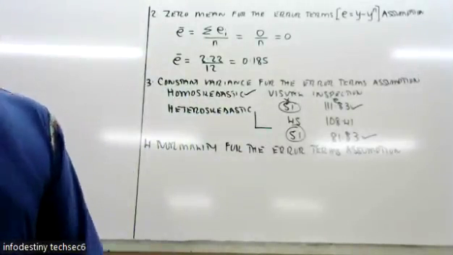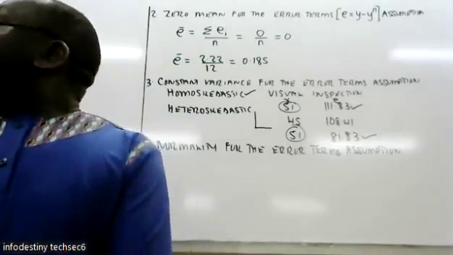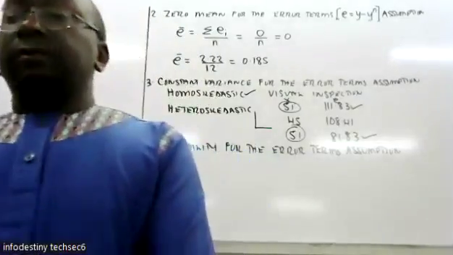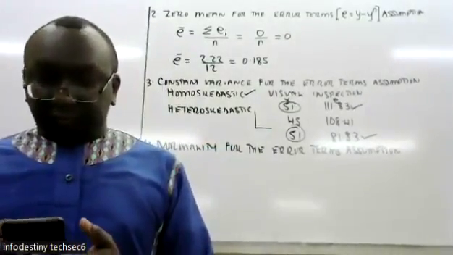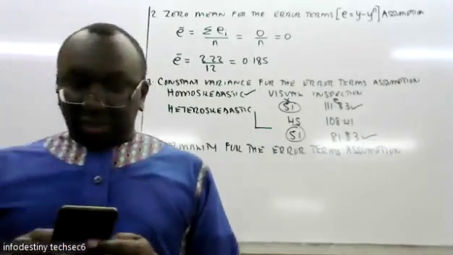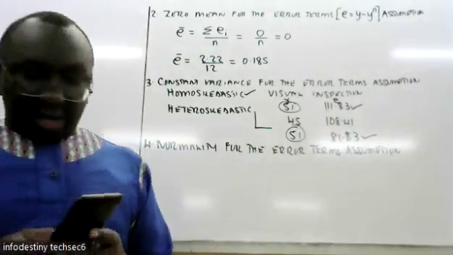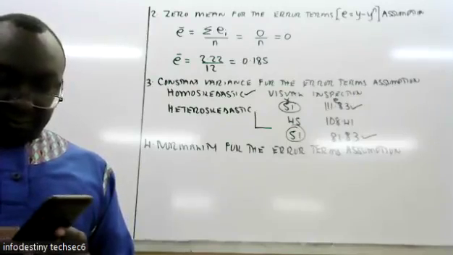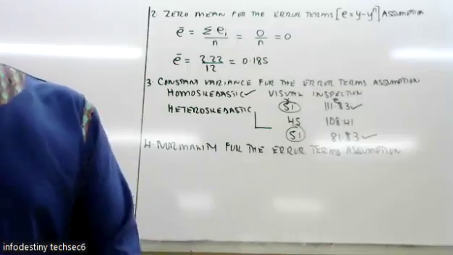And we write that this states that the error terms follow a normal probability distribution, with a mean of 0 and a variance of 1.